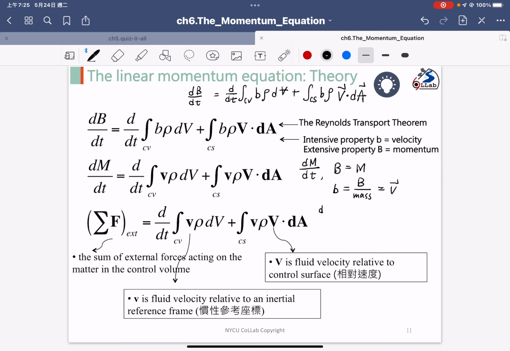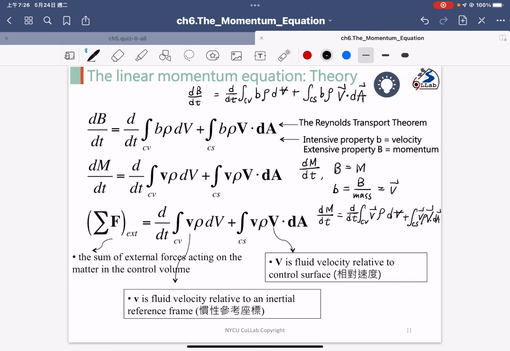The dB will be replaced by dN, and dN/dt will equal d/dt of the integration along the control volume, where b is the small velocity vector, times rho dV, plus the control surface integration of the velocity vector, rho, velocity vector V dot dA.